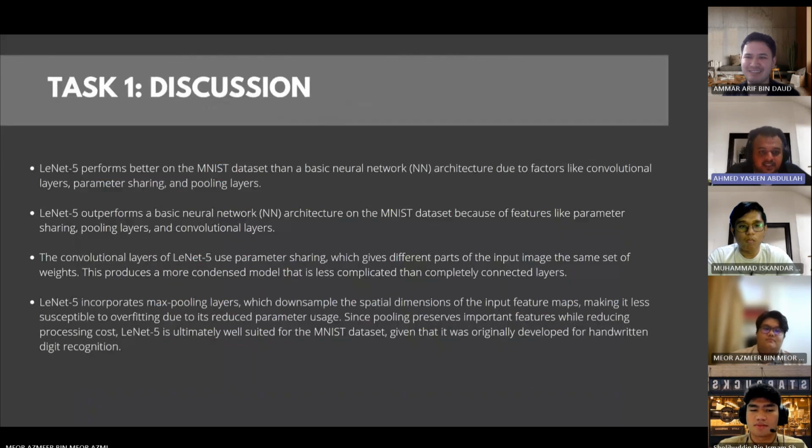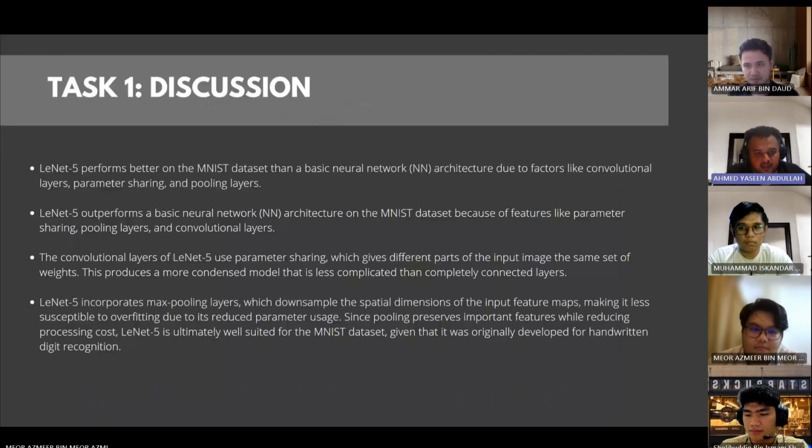Next, the discussion. LeNet-5 performed better on the MNIST dataset than the base neural network, the NN accuracy. LeNet-5 outperformed the base neural network accuracy.